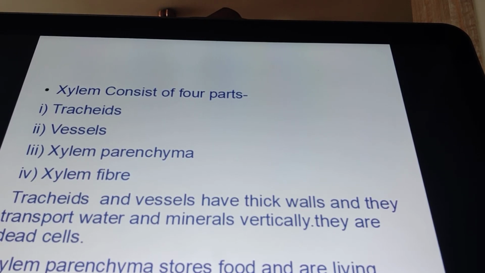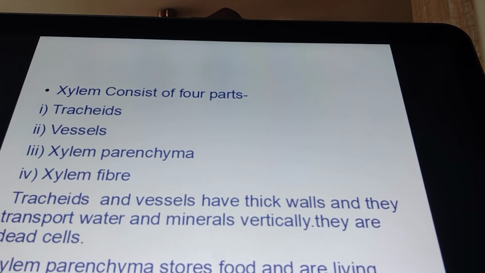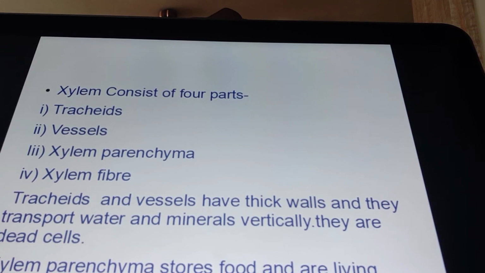Now children, tracheids and vessels, this is just the structure, how they look under the microscope. But what is the main function of tracheids and vessels? Tracheids and vessels transport the water and minerals vertically and supply them to all parts of the plant body.